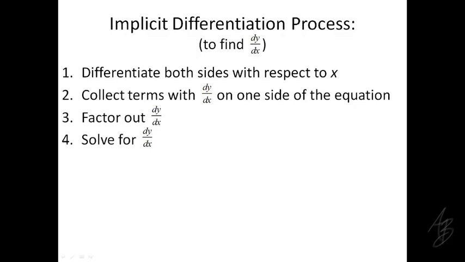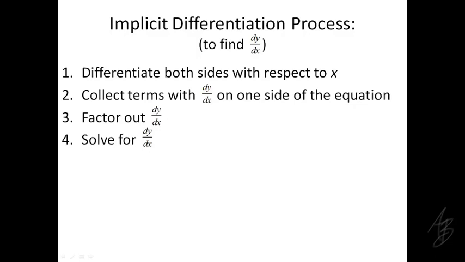These steps can be found in section 3.7 of your book, and these are the steps that you would use to find the derivative of y with respect to x for any relation, whether it's a function or not. And we could use this process to find the derivative of any variable with respect to any variable.